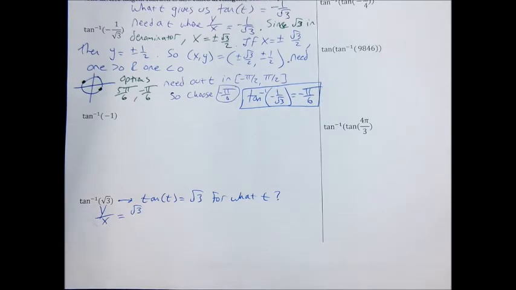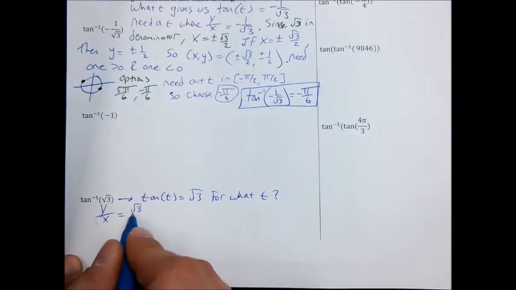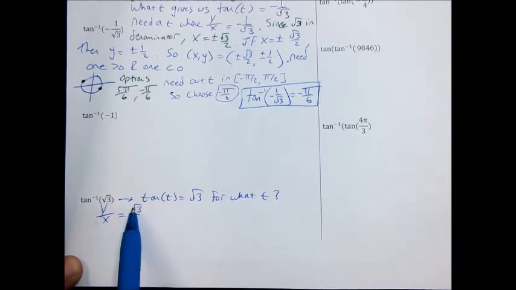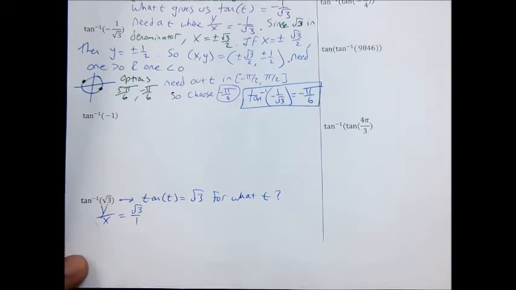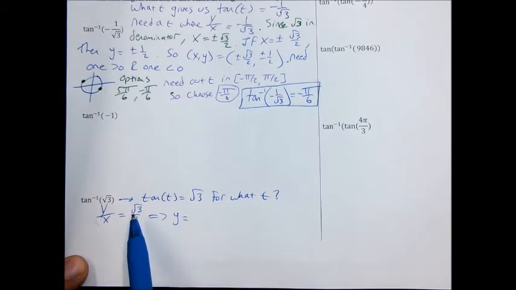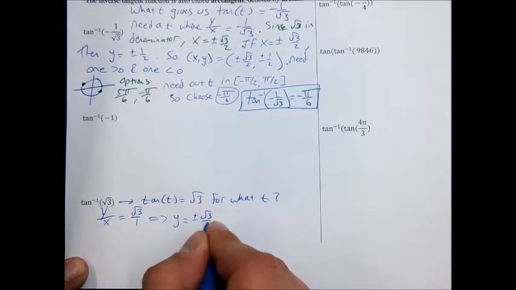What I want to point out, the key part of this one, is realizing that root 3 is in the numerator. It's like root 3 over 1. And so that's telling us something about the y value. Does that make sense? Based on this, we know that the y value needs a root 3 in it. And so y needs to be plus or minus root 3 over 2.